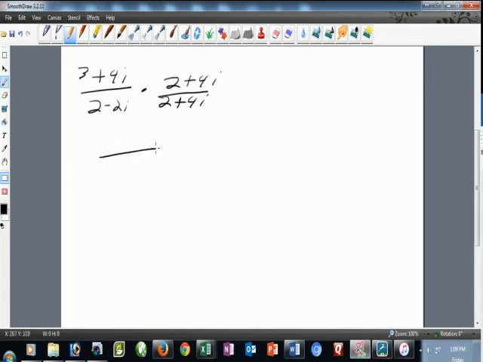On the bottom, you simply say first times first, which is 4, plus, this isn't a conjugate, so let me go back and fix that little piece right there. That should be 2 plus 2i over 2 minus 2i, right? Because you know the conjugates almost look like each other. Conjugate is C-O-N-J-U-G-A-T-E.